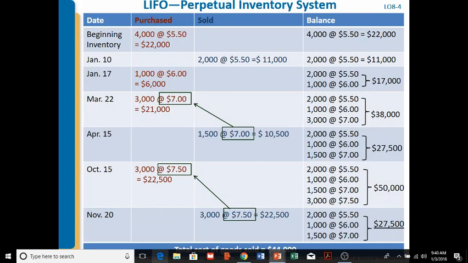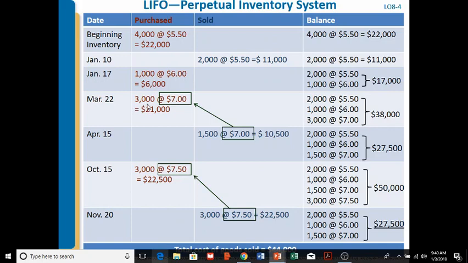So again, we start with our 22,000 in beginning inventory, and on January 10 we sell half of those, so we've got 11,000 remaining in inventory. On January 17 we purchase an additional 1,000 units at $6 per unit, and so we add that to our 11,000, so that's going to be 3,000 units at 17,000.